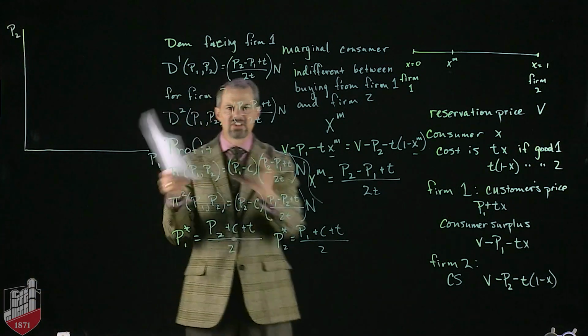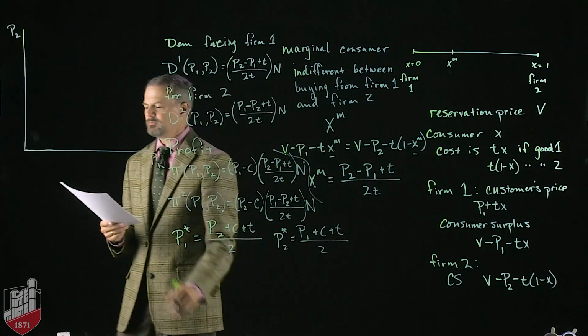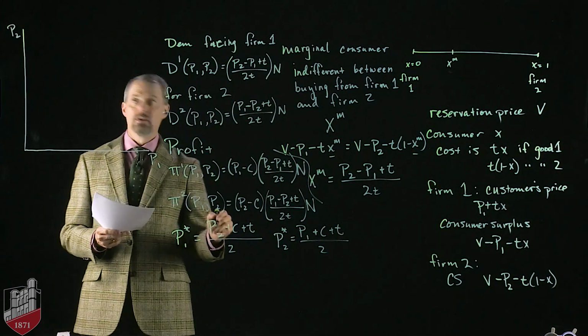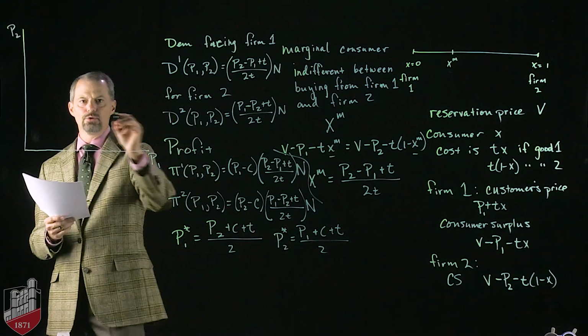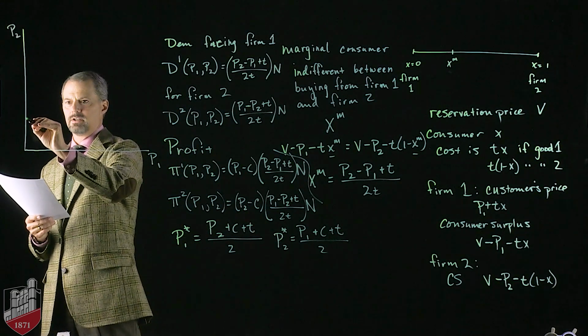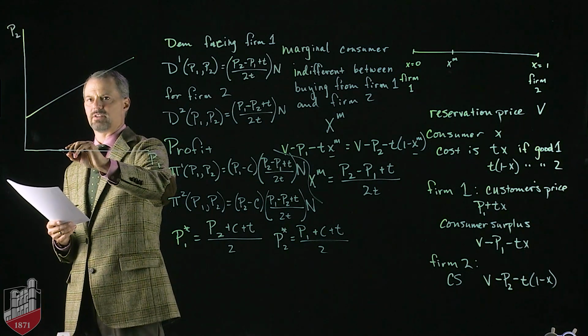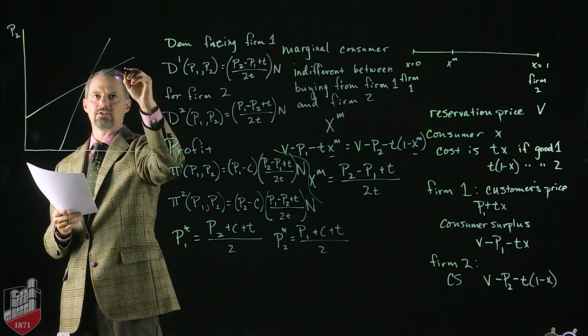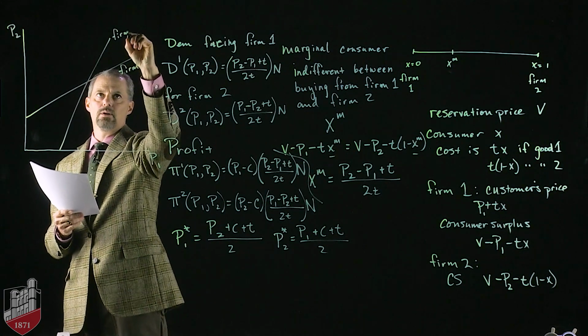That's the decision space for the two firms. Firm 2's is the easiest one to graph. Firm 2's response function looks like this, and firm 1's best response function looks like that. So this is for firm 2, and this is for firm 1.